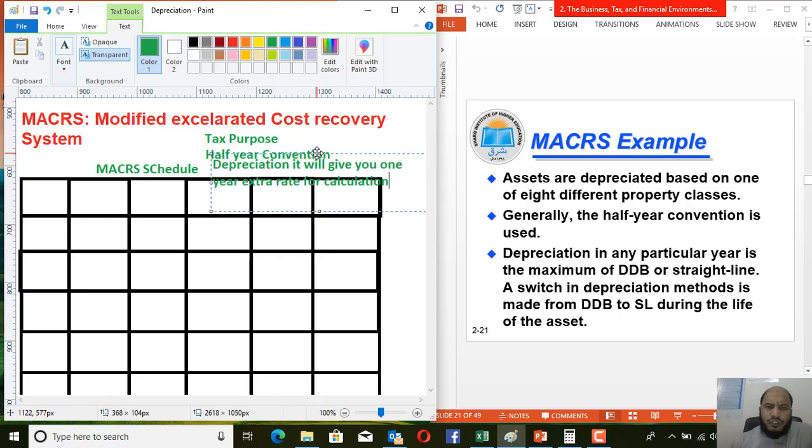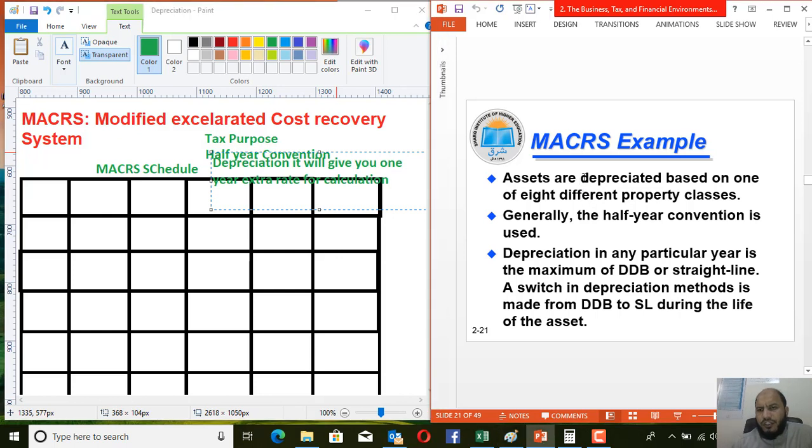Along with this, dear students, MACRS is a method which depreciates an asset by one of the 8 property classes that we will show you, and it is available in the book, page number 90, I think.